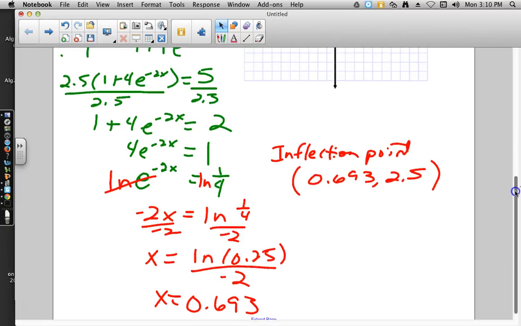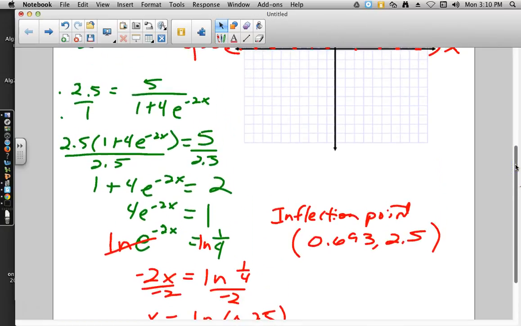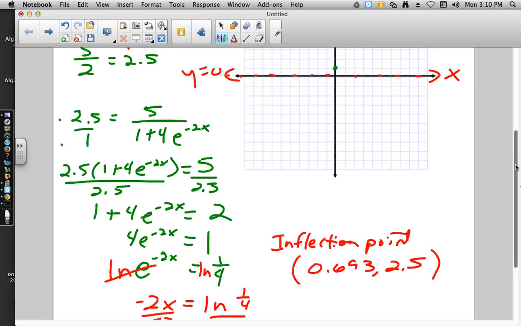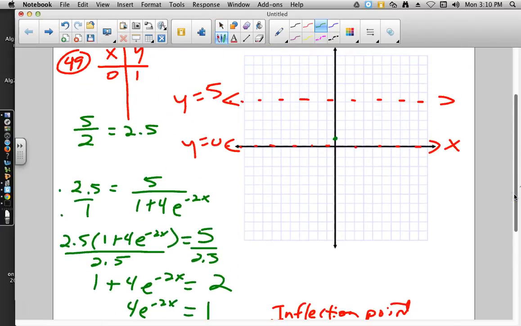So we'll go back up and get that graphed. 0.693, so a little more than halfway between 0 and 1, and then up 2.5. Now, like we talked about in class, the graph is always symmetric about that inflection point.